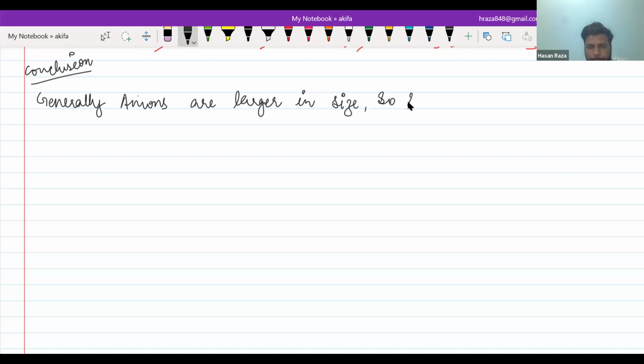So solubility decreases from top to bottom, right? Yes.